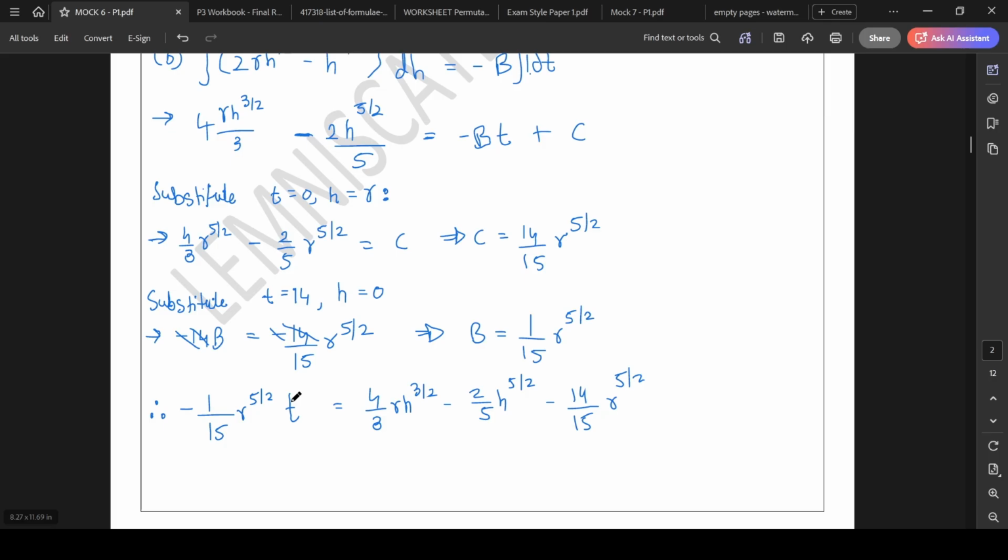And if I have to make t the subject of formula, I need to multiply both the sides with minus 15 over r to the power of 5 by 2.